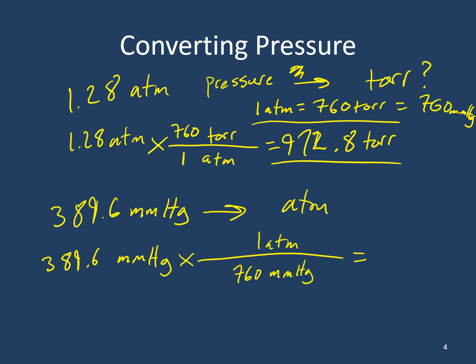And so we can solve for that, and we get that this is about 0.5126 ATMs. All right, so these are some pressure conversions you should be able to do.